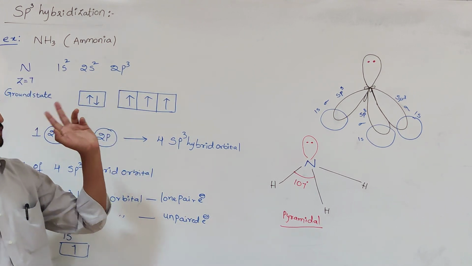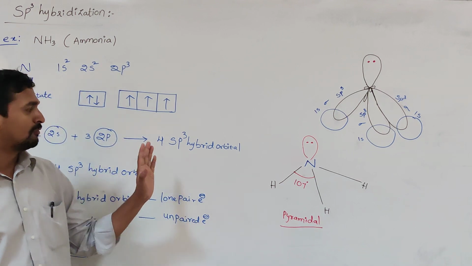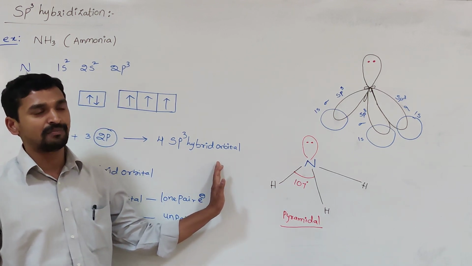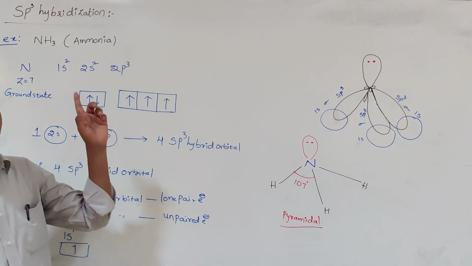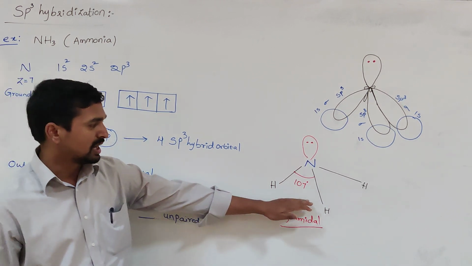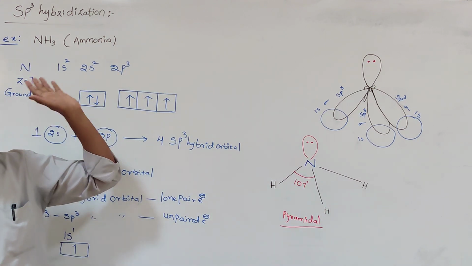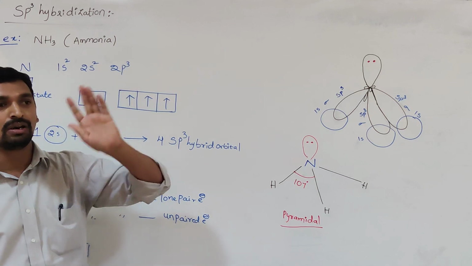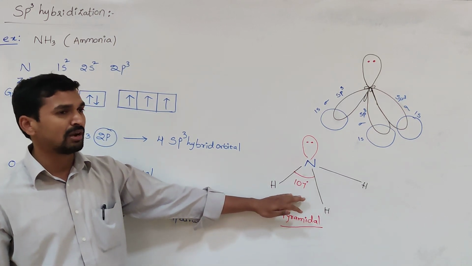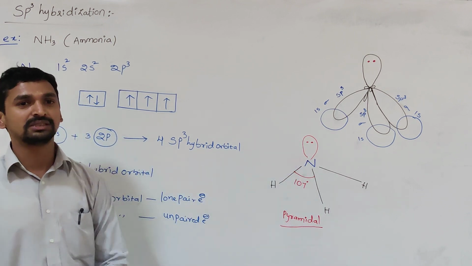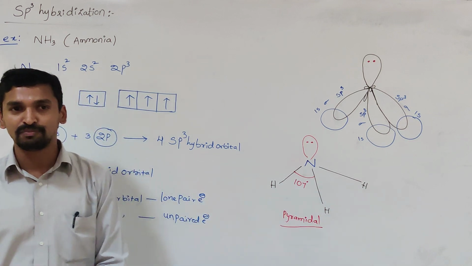The second difference from CH4 to NH3: in both cases four sp3 hybrid orbitals are formed, both oriented in tetrahedral geometry, but the bond angle is 109.5 degrees in methane and 107 degrees here. The reason is that in methane only one type of repulsion exists, but in ammonia two types of repulsions exist: lone pair-bond pair and bond pair-bond pair.